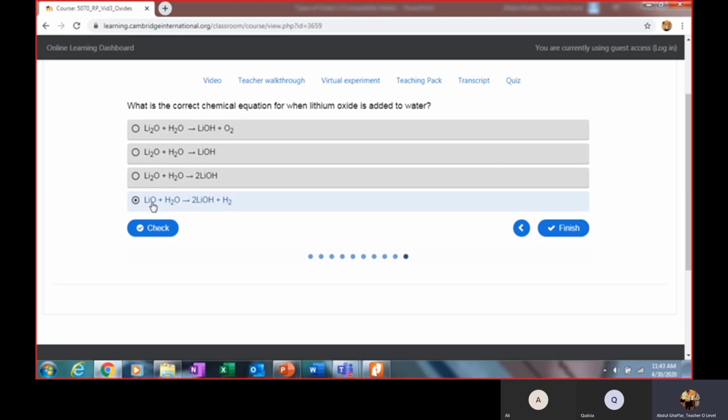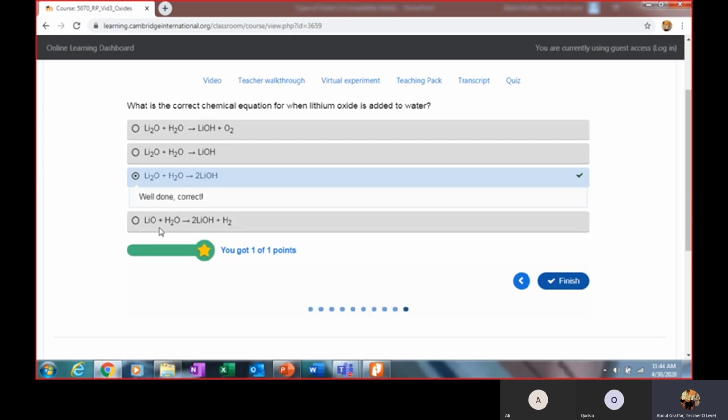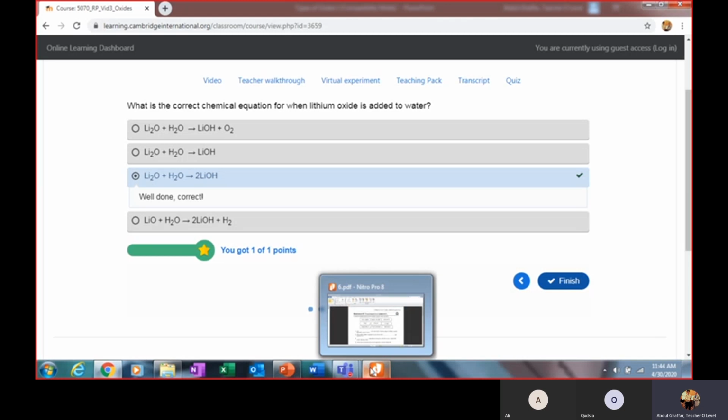When you cross, the formula will be Li2O. So A. What about this one? C, because no oxygen will be produced in it, right? So this was the quiz related to the types of oxides.